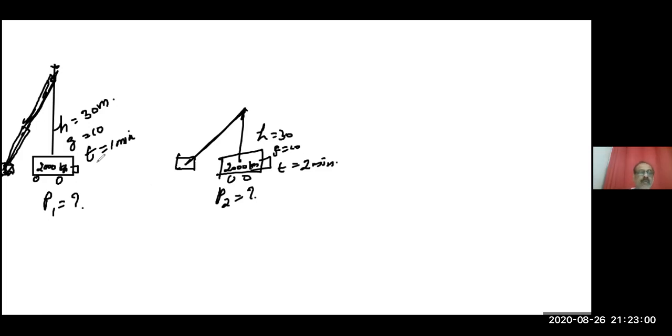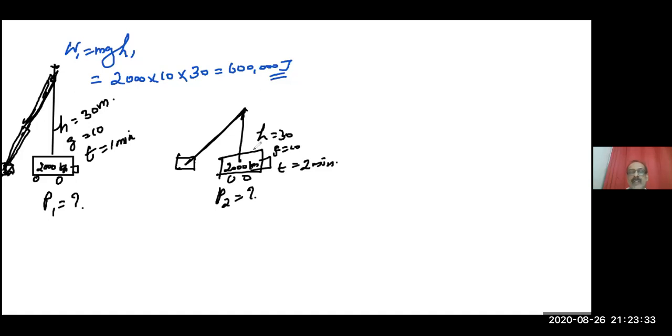First of all, calculate the work done in lifting by both the cranes. W1 is equal to mgh1. M is 2000, g is 10, h1 is 30 meter. That comes to 600,000 joule.